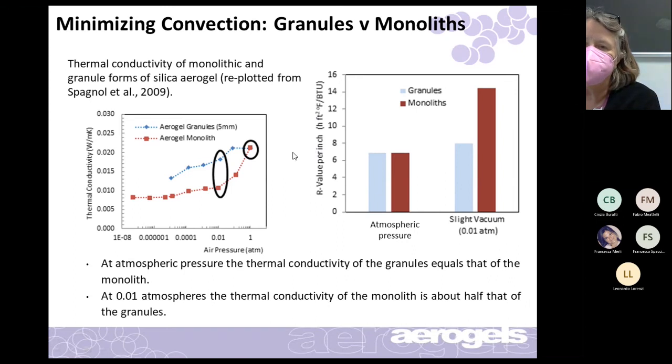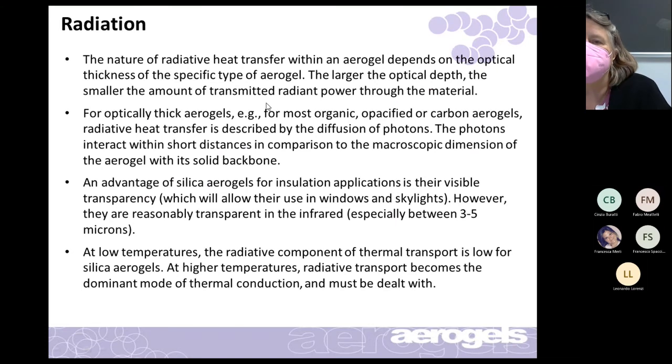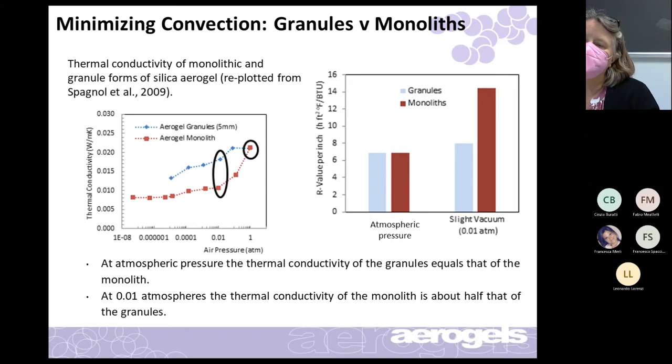Okay, the third mode of heat. A couple of questions. Yes. So just for the last slide, it may be being said that granular and monolithic aerogel have the same thermal conductivity at atmospheric pressure, because both of them are made out of 98% of air.